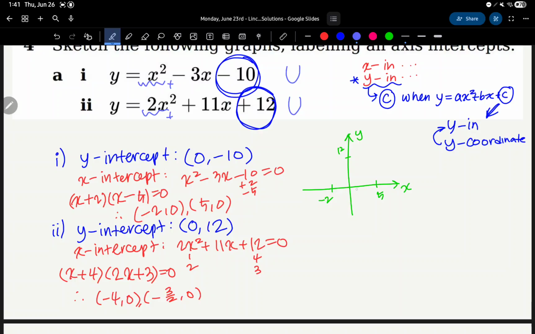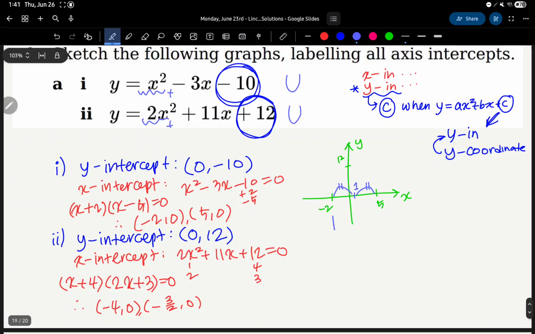If I know that it's going to be x equals 1, because the line of symmetry needs to be the same distance from each of the x-intercepts, then the vertex is going to be at this point. So it's going to look something like that. Oh my god, that's so ugly. Let's try again. So that's going to look something like that.